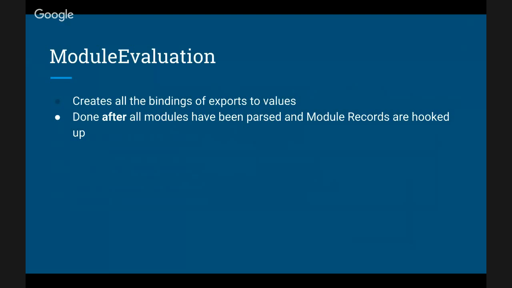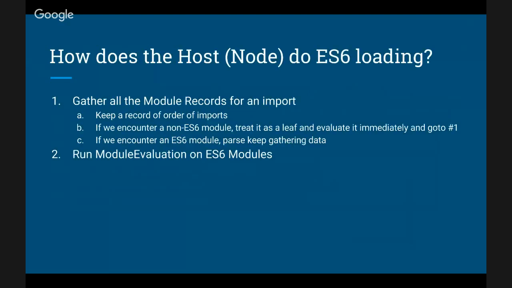But how does Node do the loading in a little bit more of a procedural manner? Whenever we either require or import an ES6 module, we're going to gather all the module records for an import. That means all the submodules as well.